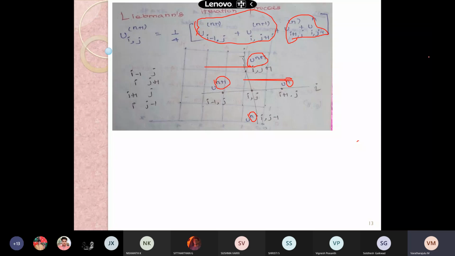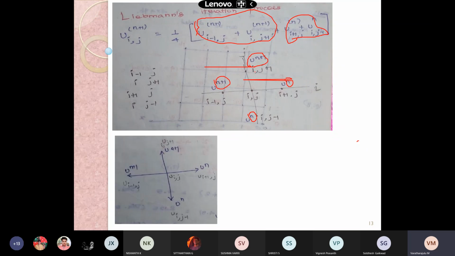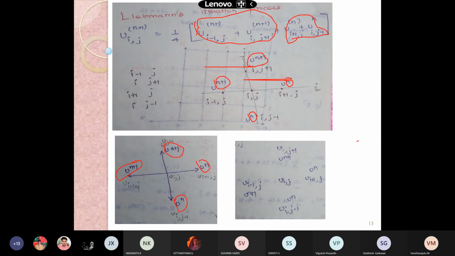At that time you can understand these things. Try to write it and practice more and more, then only will you not have any confusion with these formulas. This is u i j, i plus 1 j, i minus 1 j, i comma j plus 1, i comma j minus 1. This is the past data u n, and here u n plus 1, u n plus 1. You write once, twice, thrice, then only can you remember these formulas.